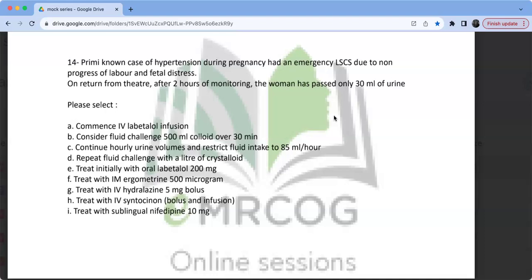So which one of the options can give you the answer? What we do is what is called a fluid challenge. You give her some fluid and see if there is improvement or not. So what type of fluids shall be given when you suspect hypovolemia and oliguria?